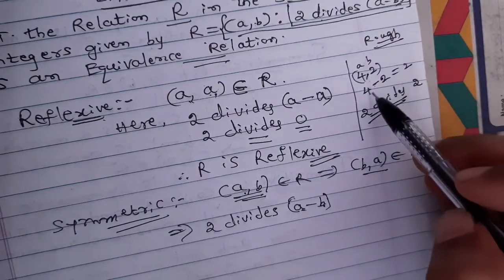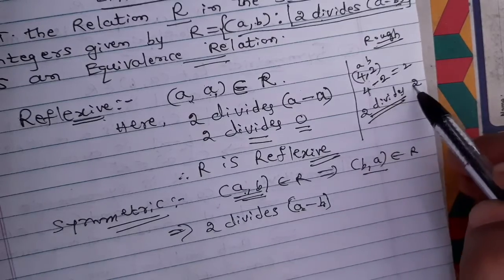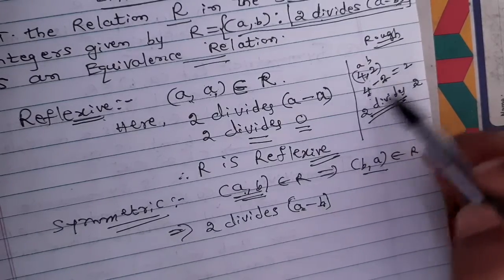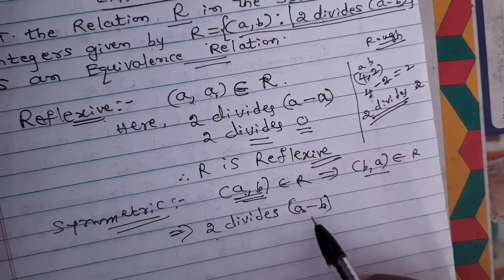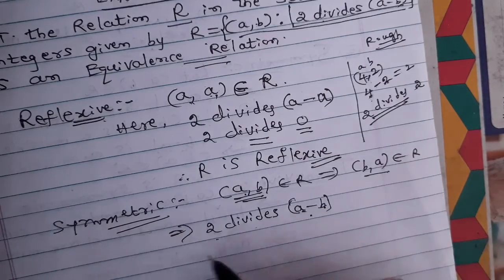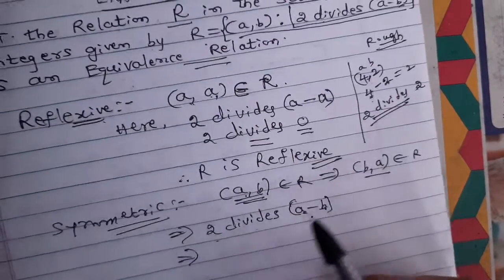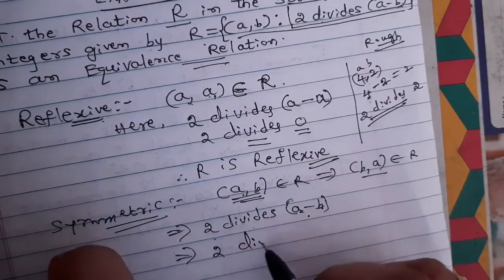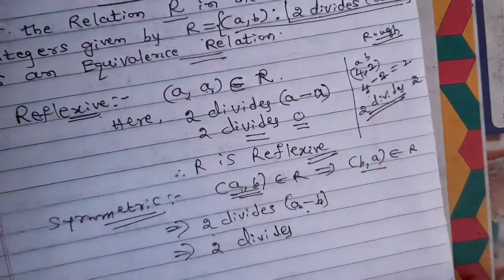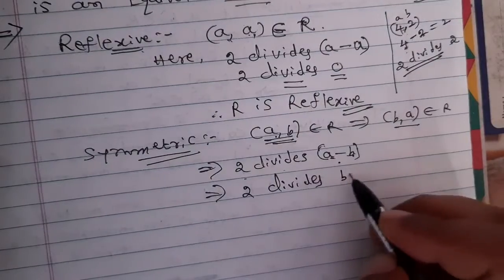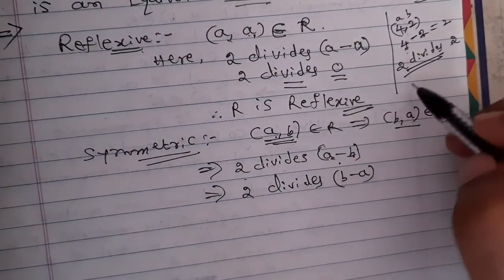Generally, if 2 divides a minus b, then 2 divides b minus a. How does it happen here?